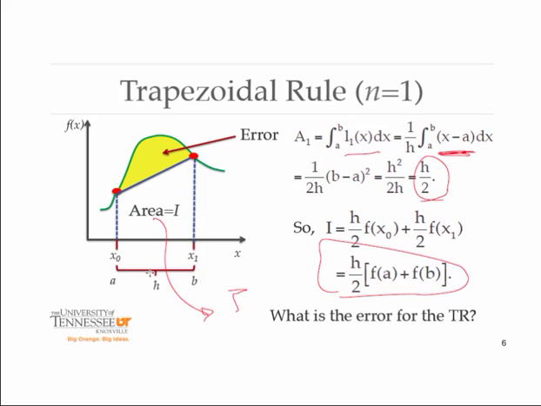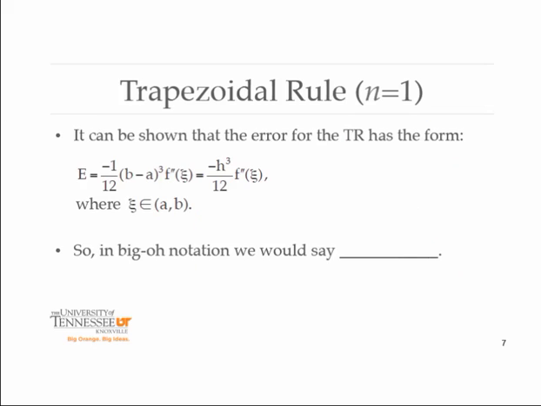Now, pictorially, we can see what the error is, but algebraically, you can actually come up with a representation for the error of the trapezoidal rule. It turns out you can come up with an expression that looks something like this. If you're integrating from a to b, the error is going to depend on the size of that subinterval, so the distance b minus a comes into effect, as well as the second derivative of the function somewhere on the interior.